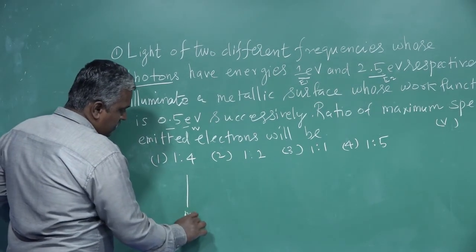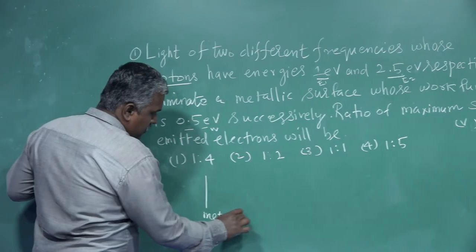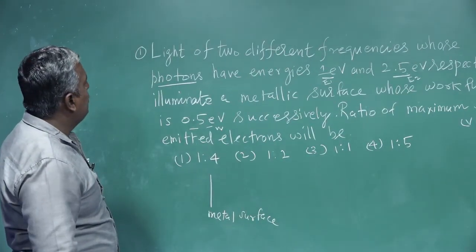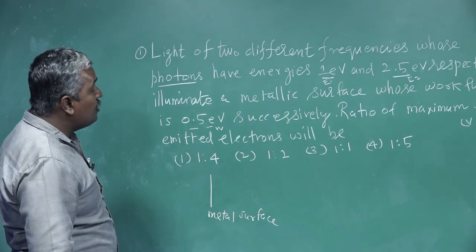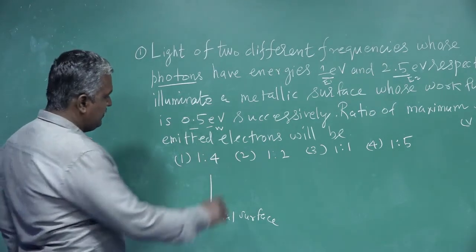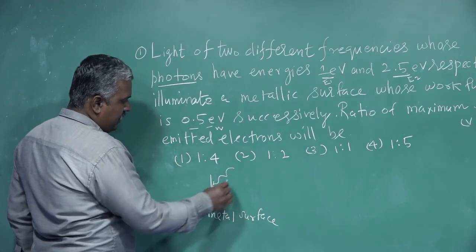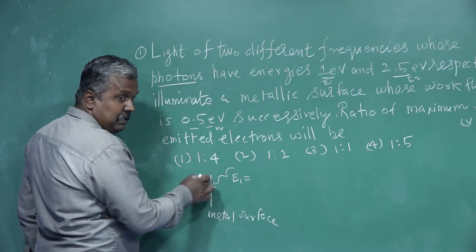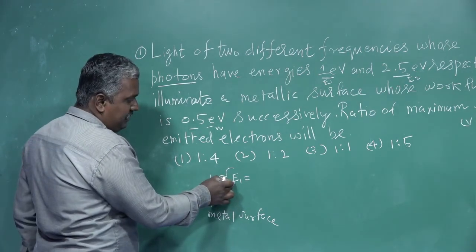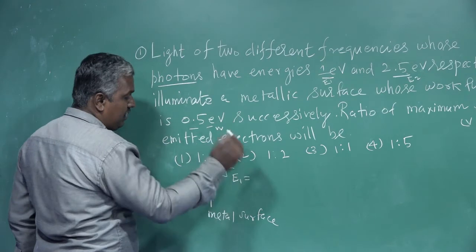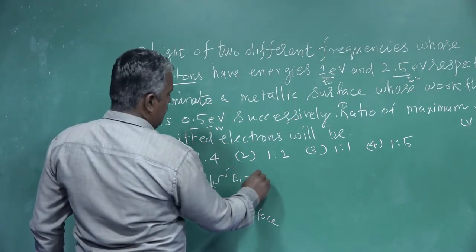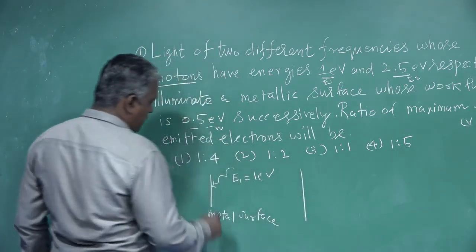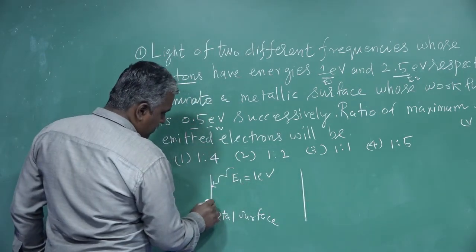This is a metal surface, or metallic surface, with two different photons incident. Let the energy of the incident photon on the metal surface be capital E. Here two different photons. So E1 is equal to 1 electron volt, on the same metal surface.